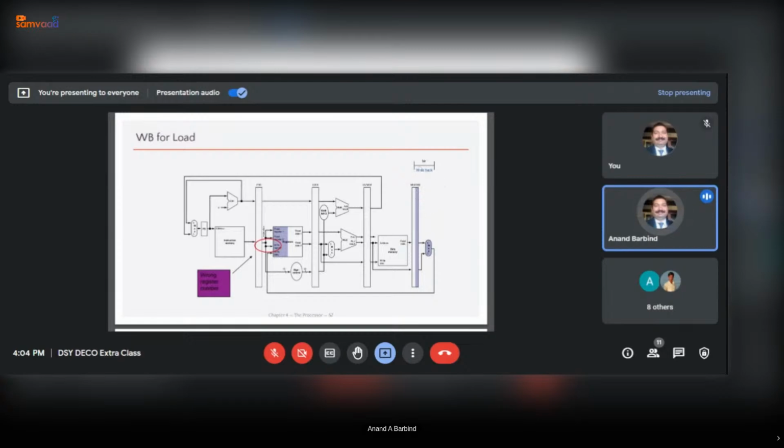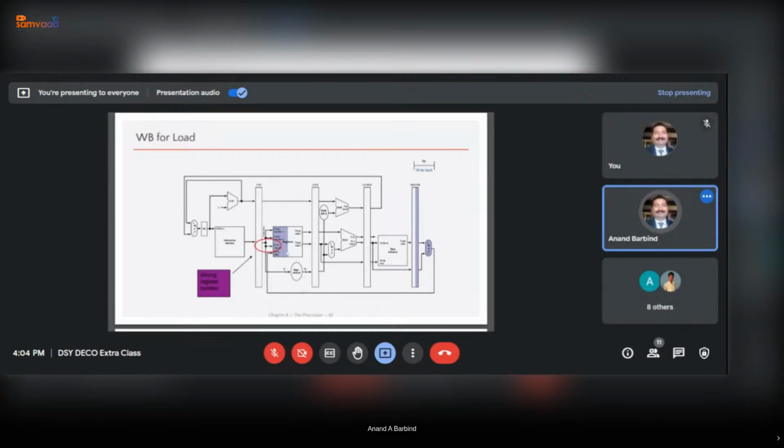In the last phase, the contents of the data memory read will be written into this register. Of course, as I have already told you, this register file is shared by the write back unit as well as the read register unit.